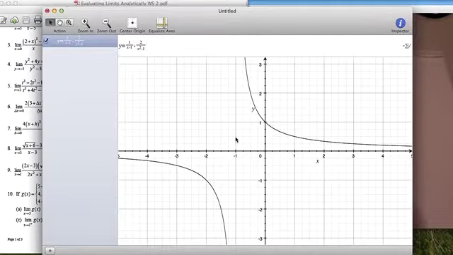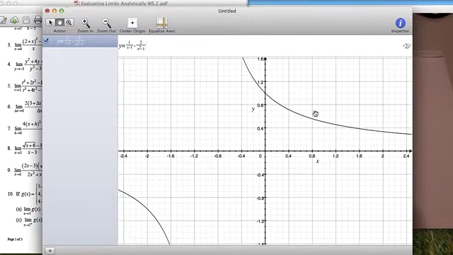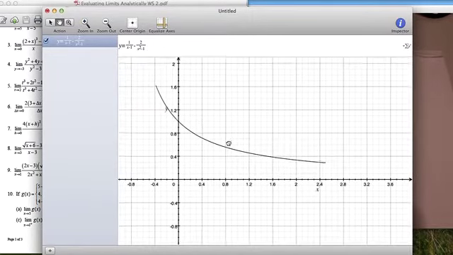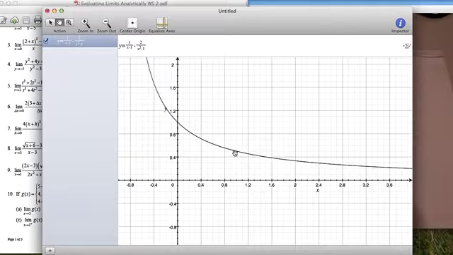Okay? Now that is the graph of the limit that I'm evaluating right here. And if you notice right here, right at the point where x is 1, if you zoomed in far enough, I'm sure there would be a hole right there. But right there, okay, is indeed the limit.